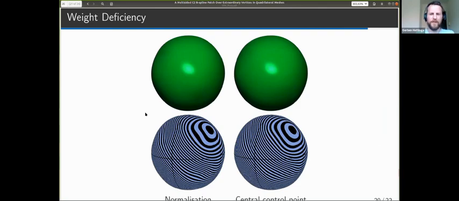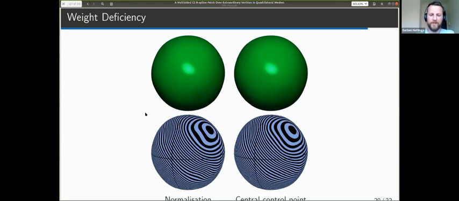This is due to the weight deficiency. As I mentioned earlier, for the generalized Bezier patches, the basis functions of the ribbons don't necessarily sum to 1. This is also the case for our generalized B-spline patches, and this is what you can see here.